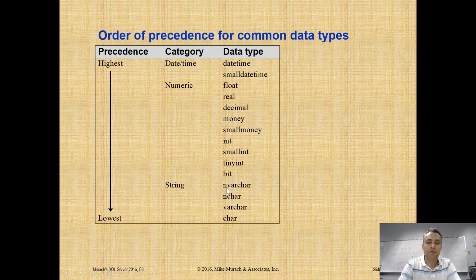Similarly, if you have nvarchar, which is a variable string, and you are concatenating it with varchar, which is a variable string, but nvarchar is Unicode, a more general type, the varchar will be converted to nvarchar, and the result of concatenation will be nvarchar. So that's the meaning of this table.